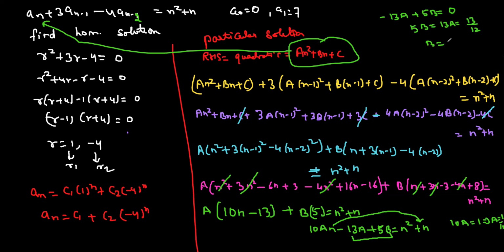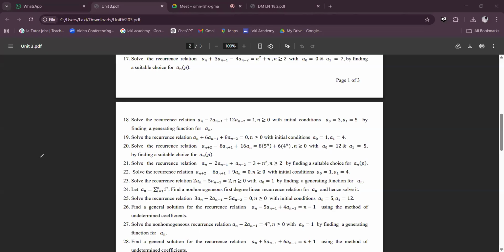So B becomes... A and B you got. Right? C is cancel out.